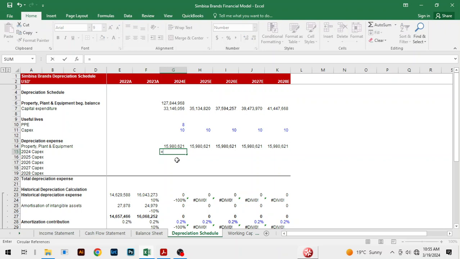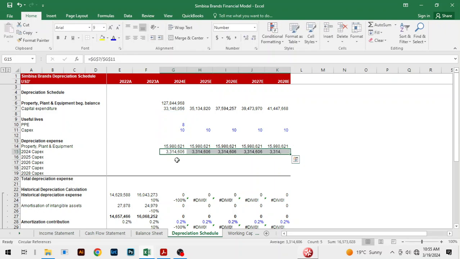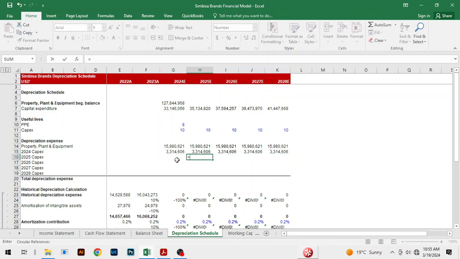And then here I also took this one for 2024 capex, and then I divided by the useful life. And then here I took this, I divided it by 10, anchored that, and copied that to the right. And I also did the same here.